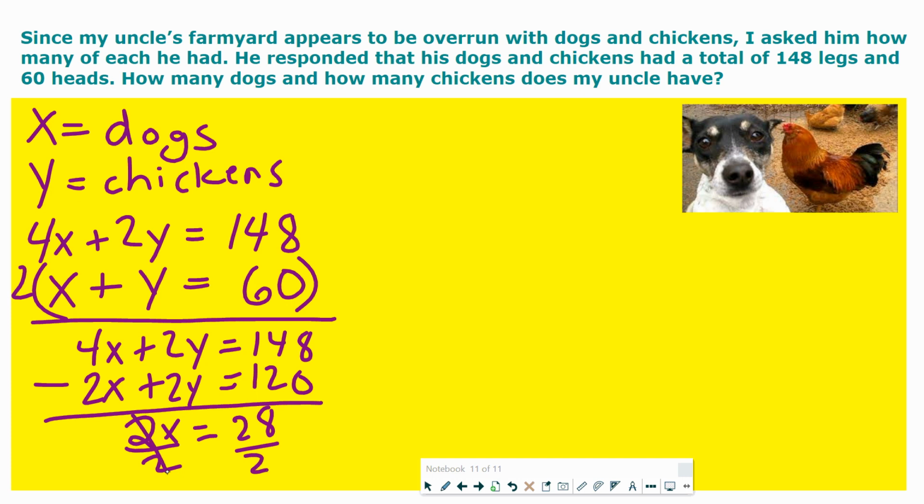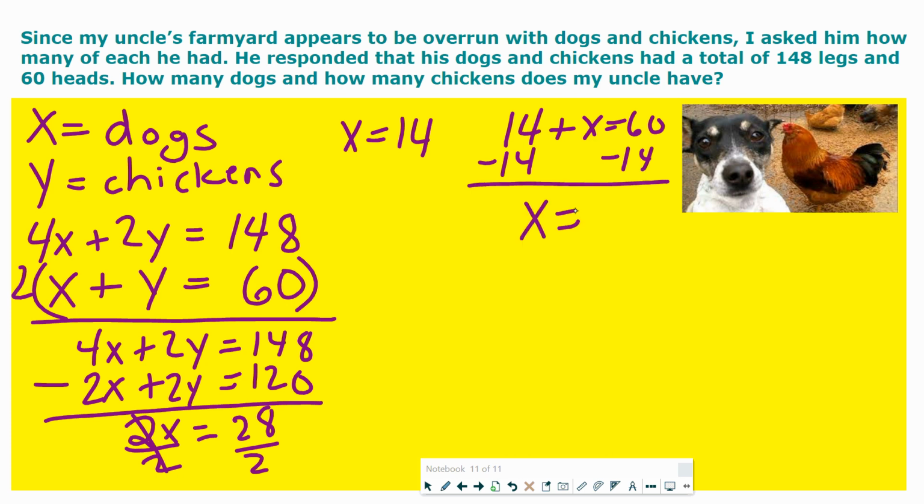So x equals 14. So that means I have 14 dogs. Okay, and then I'm going to use the x plus y equation. So then I'm going to say 14 plus y has to equal 60. So 60 minus 14 is 46.